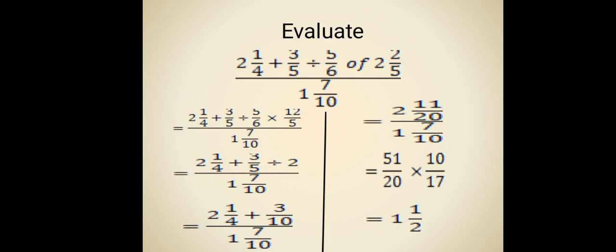Now evaluate 2 and a quarter plus 3/5 divided by 5 over 6 of 2 and 2/5, all over 1 and 7/10.